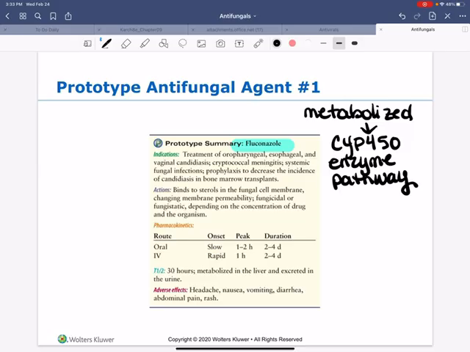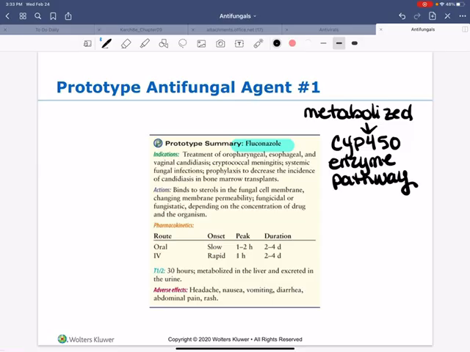Okay, so fluconazole, which is, remember, that azole medication, I want you to be aware that there are different pathways that drugs are metabolized in the liver, and there's the CYP450, cytochrome 450 enzyme pathway. It's a common pathway that many drugs are metabolized through.